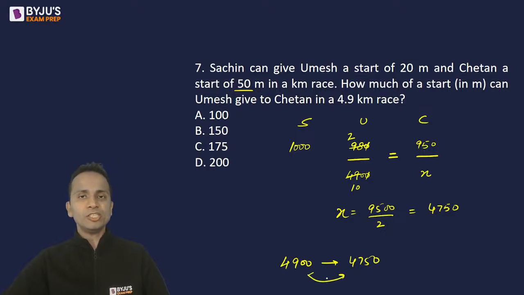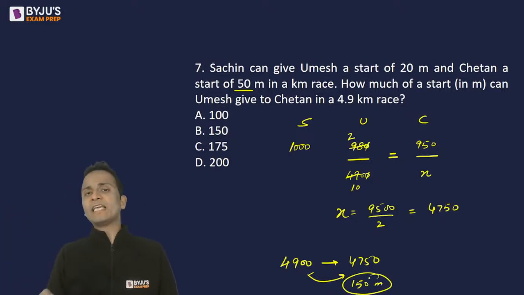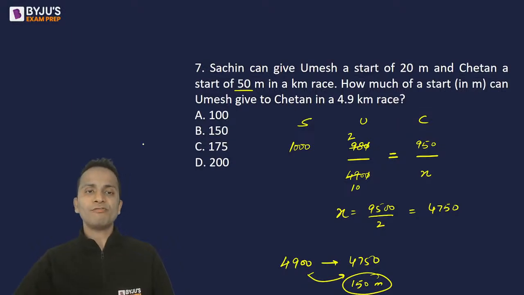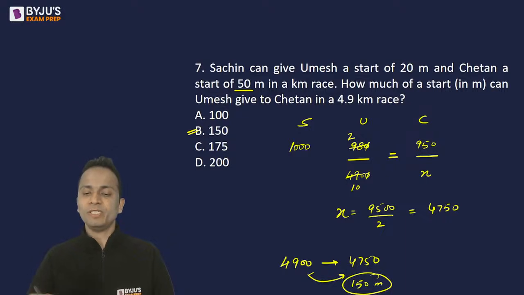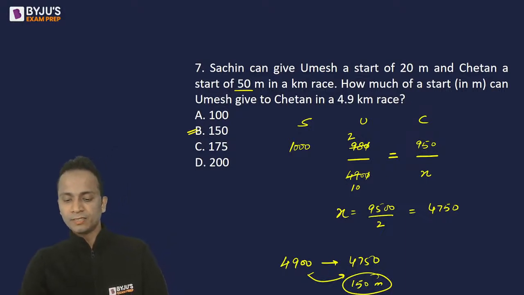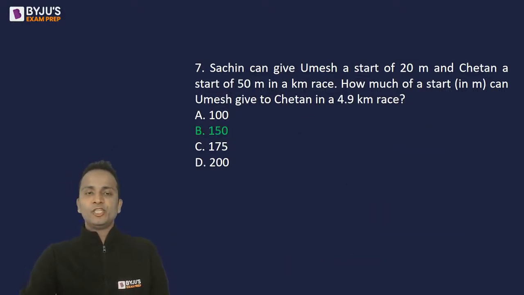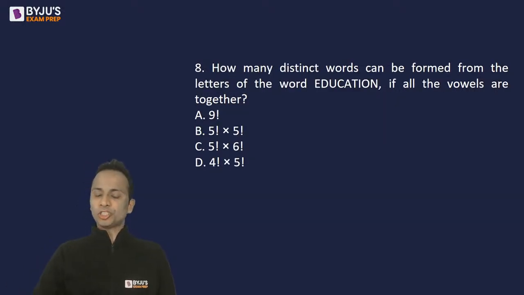The gap between these two will be the difference of these, that is 150 meters. So Umesh can give Chetan a start of 150 meters in a race of 4.9 kilometers. Right? Okay, so that was question number 7. Next question, question number 8.